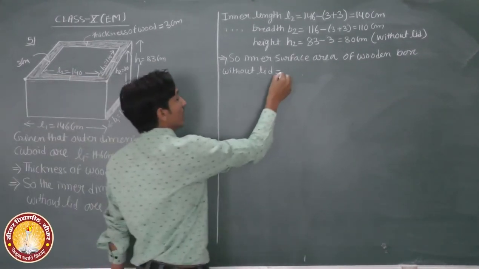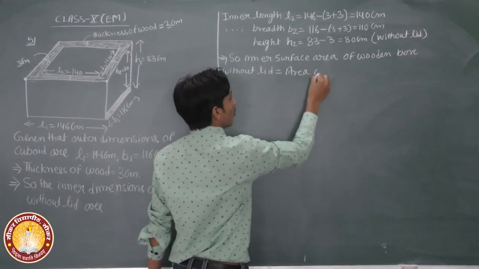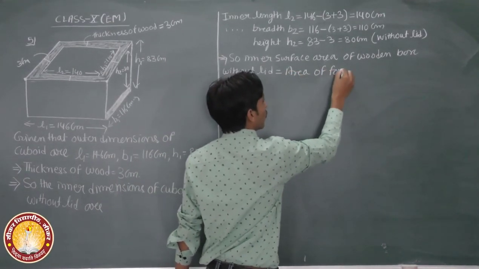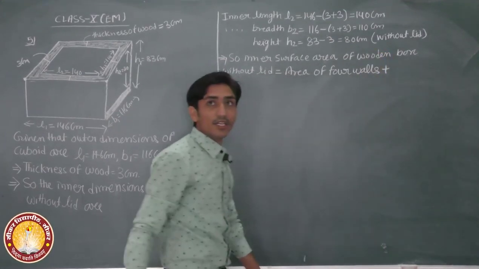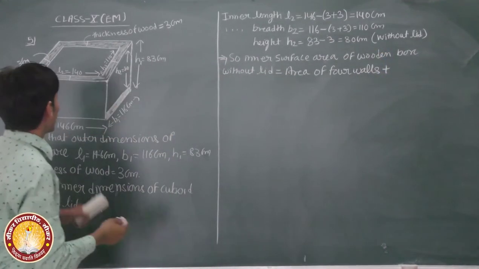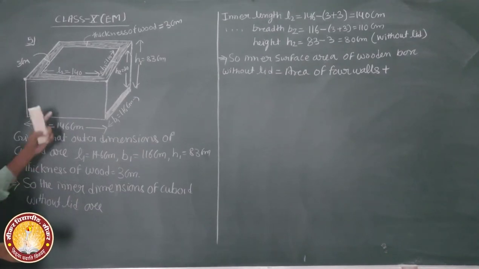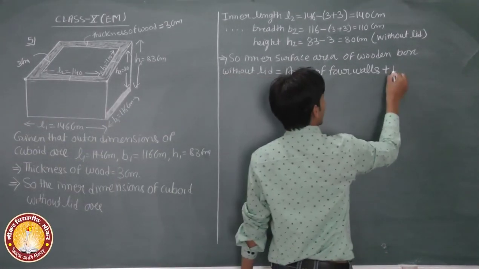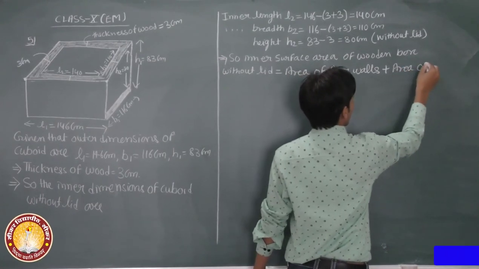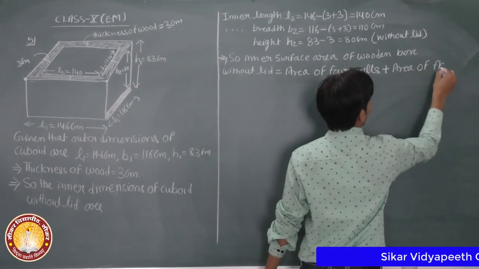So area of four walls plus area of floor.